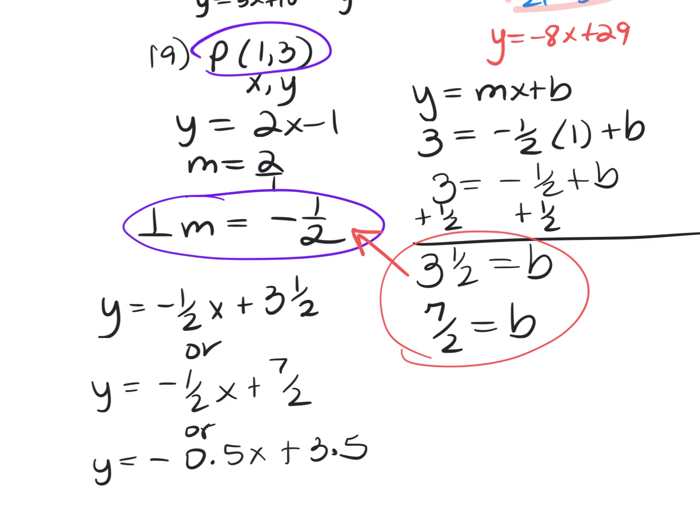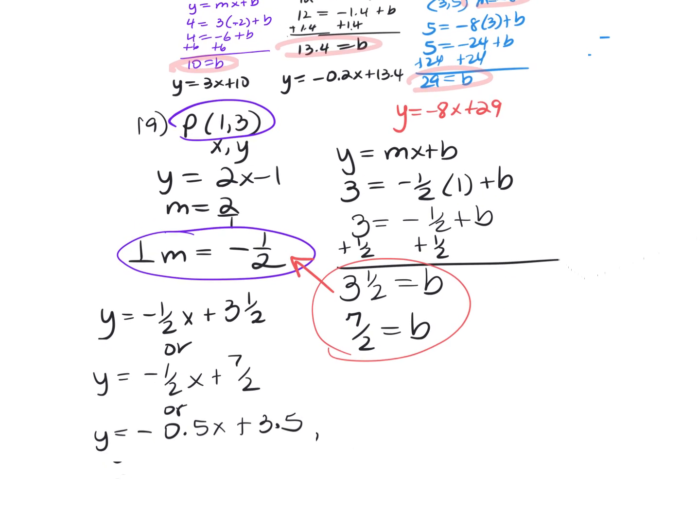So let's try number 20. Exactly the same thing. I need to take my given, and it's the ordered pair (0, 2). Now, if you recognize that when you have an ordered pair and they list a 0 as the x, this is the y-intercept, then technically I don't have to plug everything in. All I need to do is find the slope of the line.